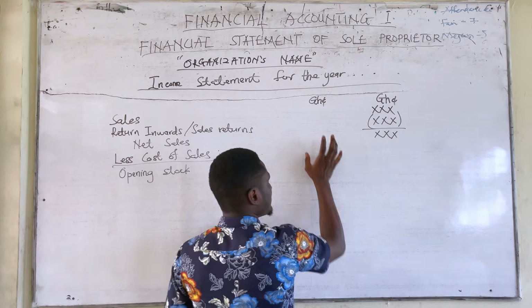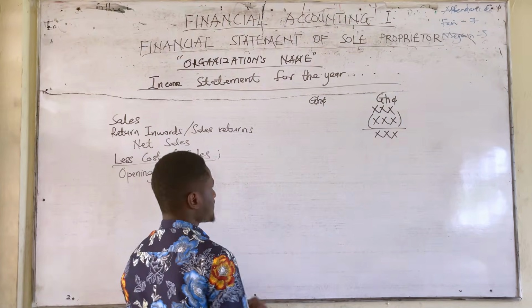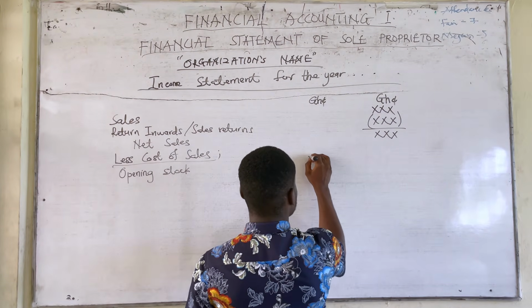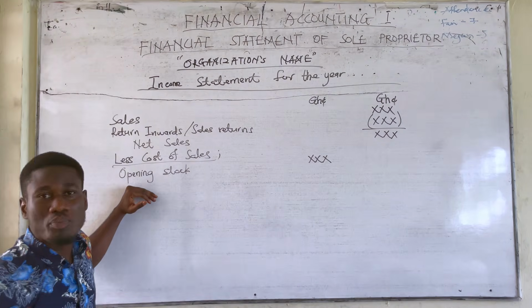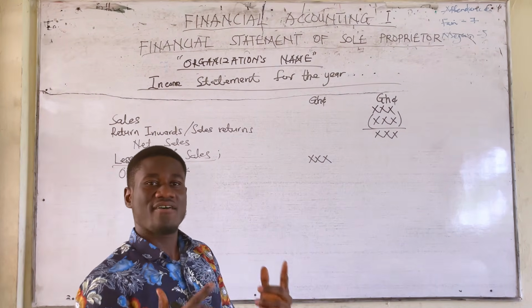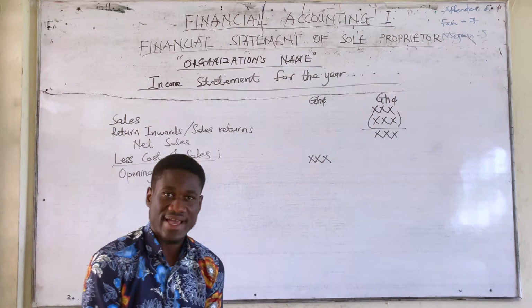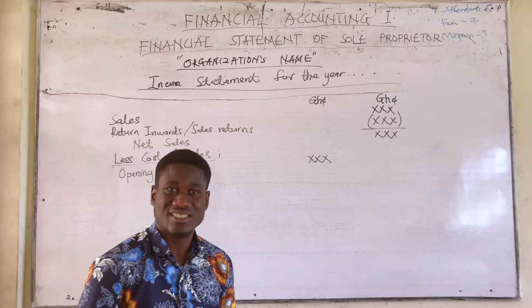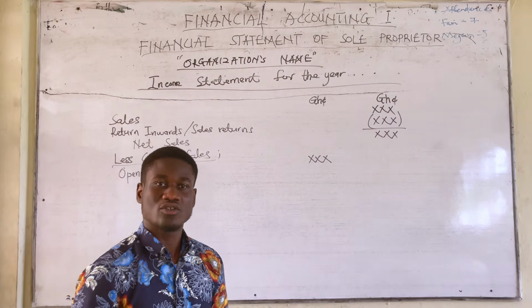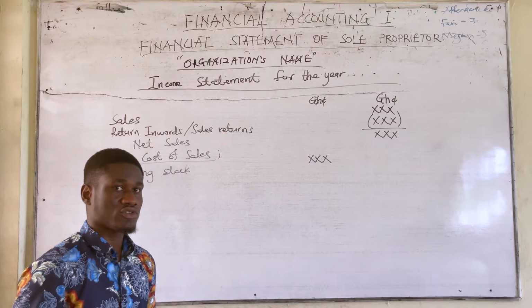This side of the cost of sales is going to be shown here. Sometimes they will not say opening stock, but they can give you the first date of that month or year, let's say 1st January 2022. If the period is starting from June 1st, it will say 1st June. You get it? We're showing that is the opening stock.